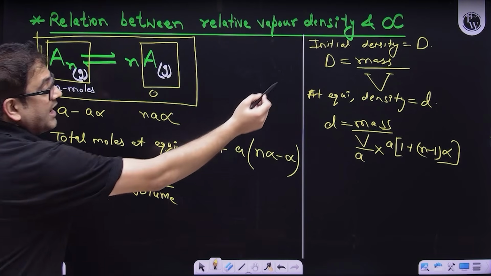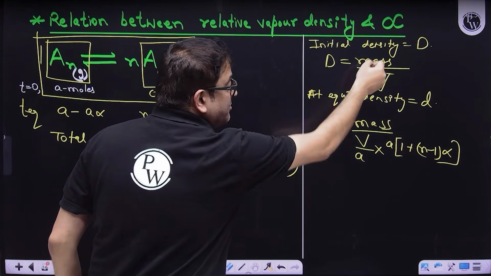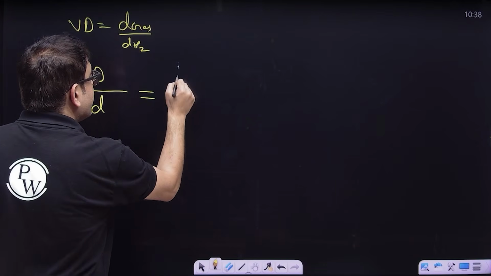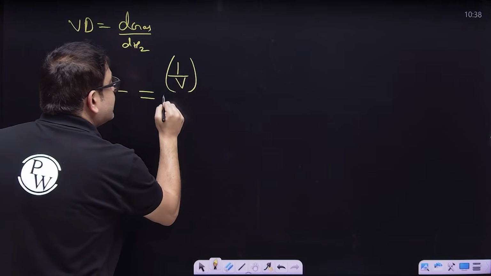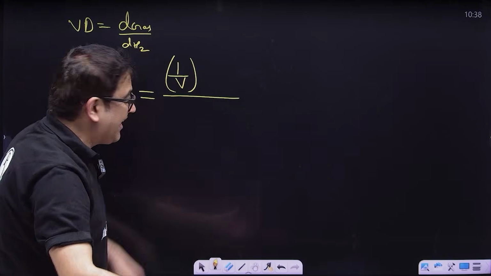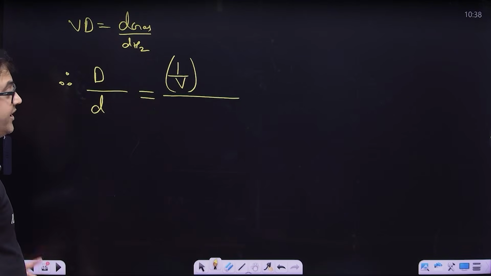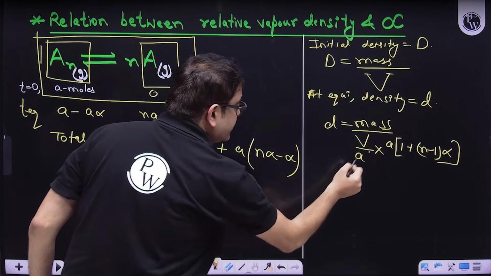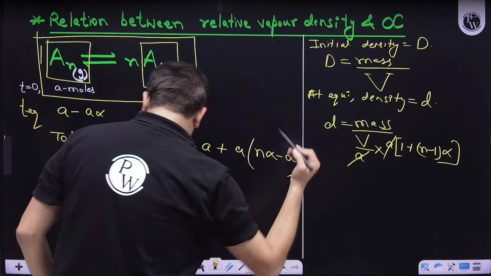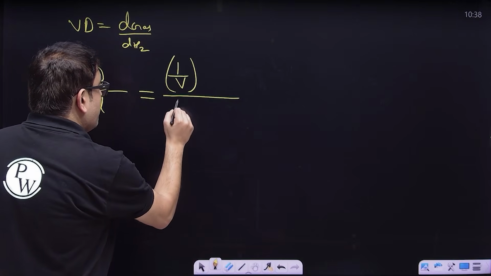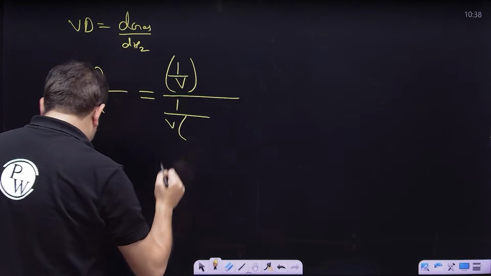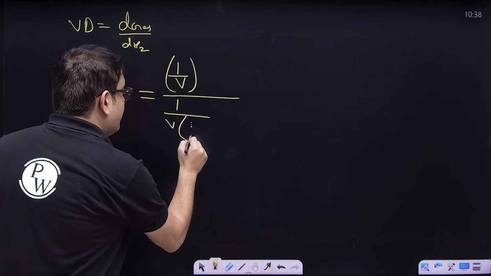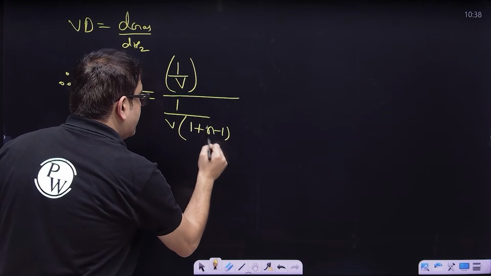So capital D upon small d value came out to be what? Sir, capital D is proportional to 1 by V, because mass will get cancelled from numerator and denominator. So this mass cancelled, and A is gone, sir. So 1 upon V will be coming, but with 1 plus N minus 1 times alpha.